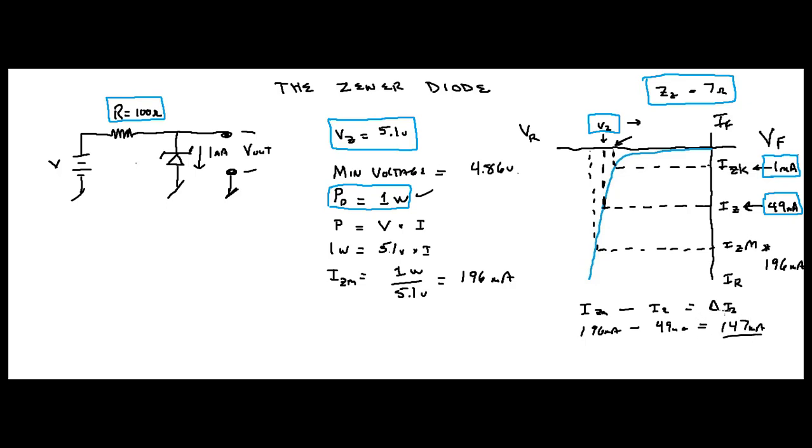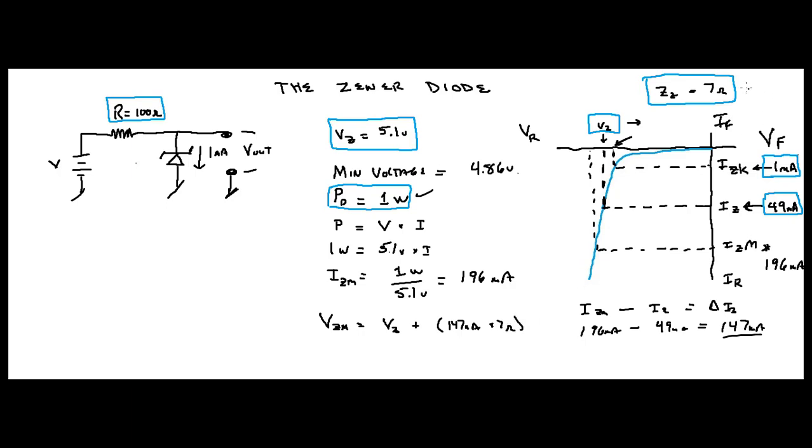Okay. Now, you're going to take this 147 milliamps, that's your delta IZ. We're just going to do the same thing we did before, right? You're going to find out your new VZM, which is going to equal VZ plus this change here. It's going to be equal to 147 milliamps times 7 ohms.